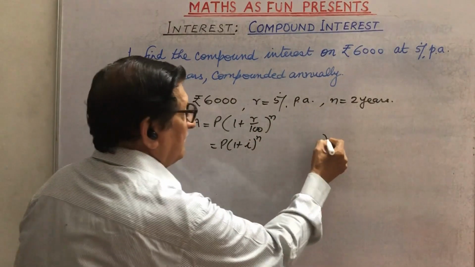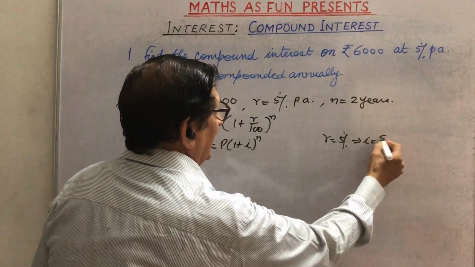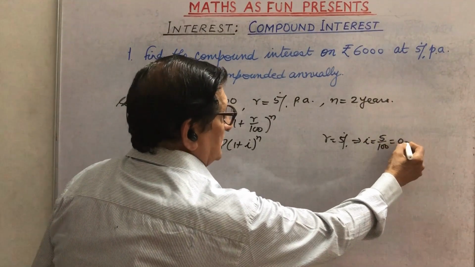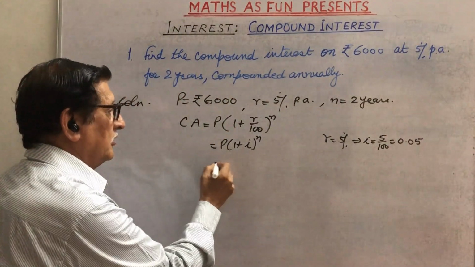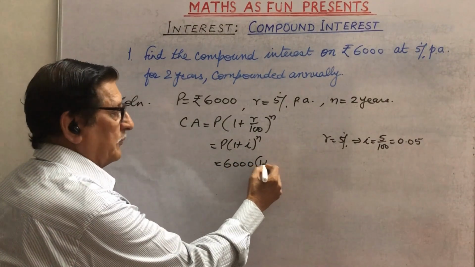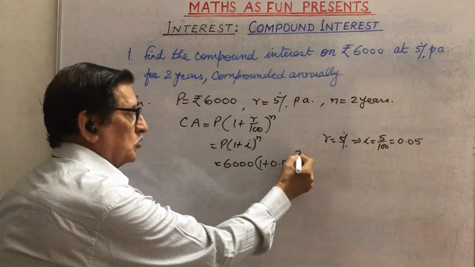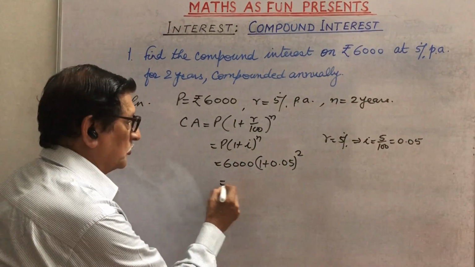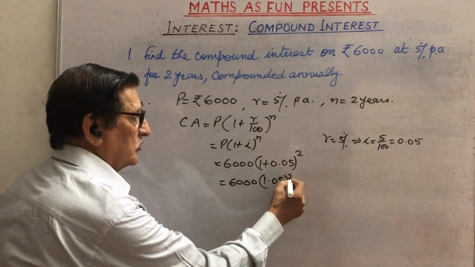Here R is 5%, it means i will be equal to 5 upon 100, or 0.05. If we apply it here, this will be 6,000 into (1 plus 0.05) power 2, which is equal to 6,000 into 1.05 whole square.